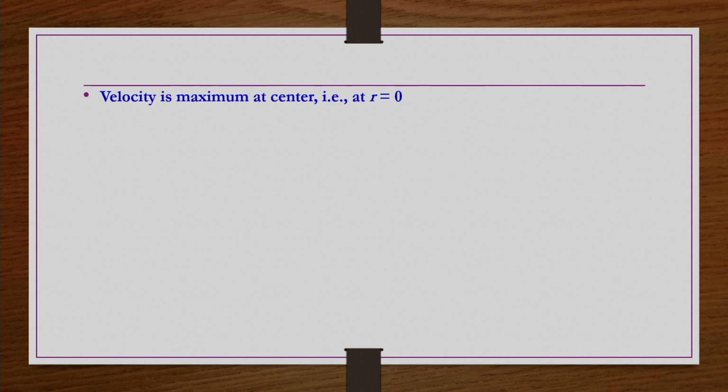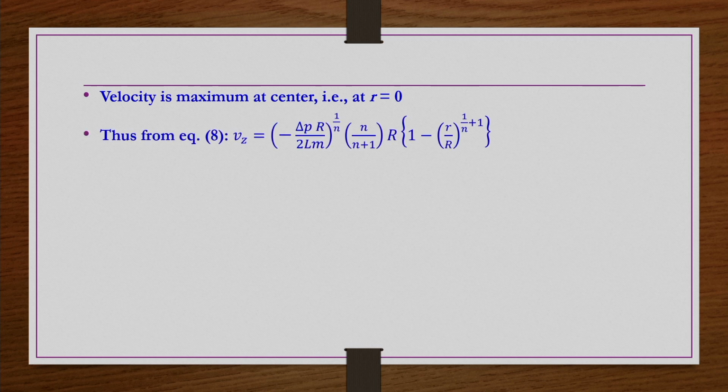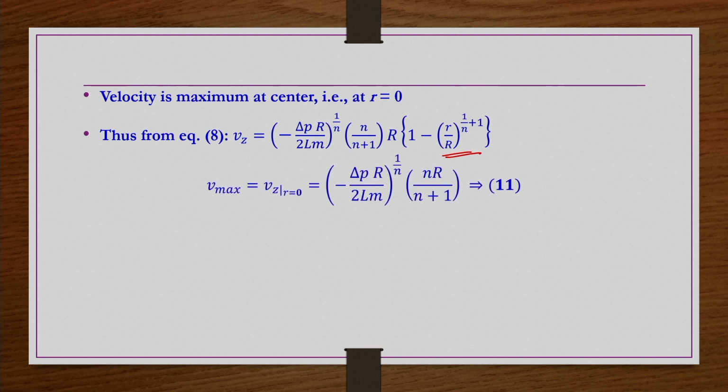If r is equal to 0, then this term is 0. That means V max is (minus delta P by L, R by 2m) whole power 1 by n, multiplied by n R by (n plus 1).